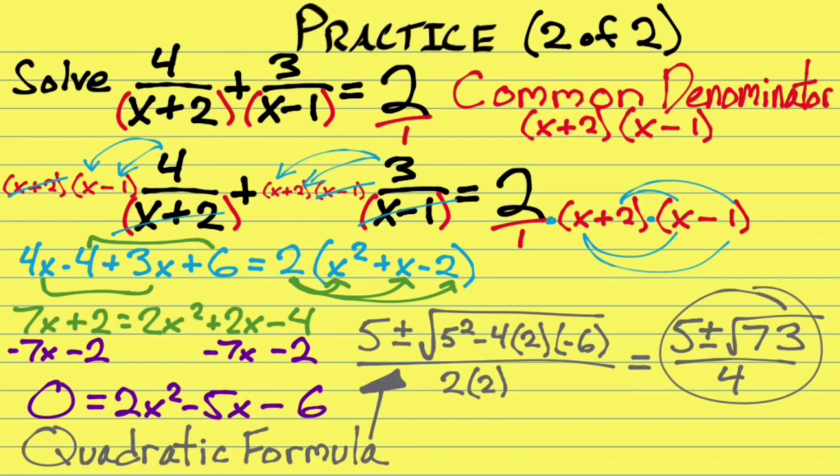It's going to be an awkward square root, so you can just leave things in radical form with 5 plus or minus the square root of 73 over 4. Very good practice problem. If you can handle this, then you definitely understand the main idea of the lesson.